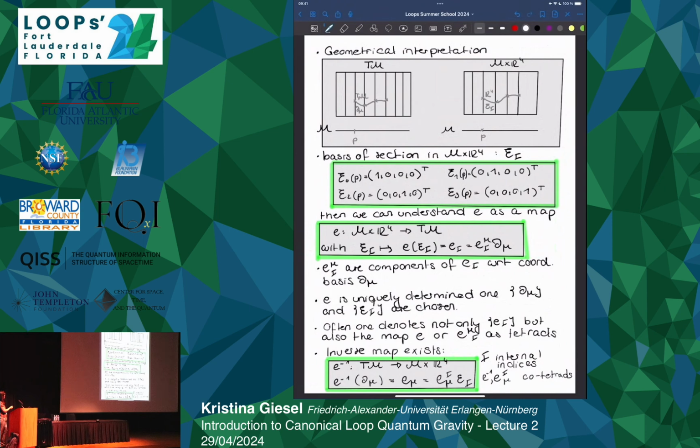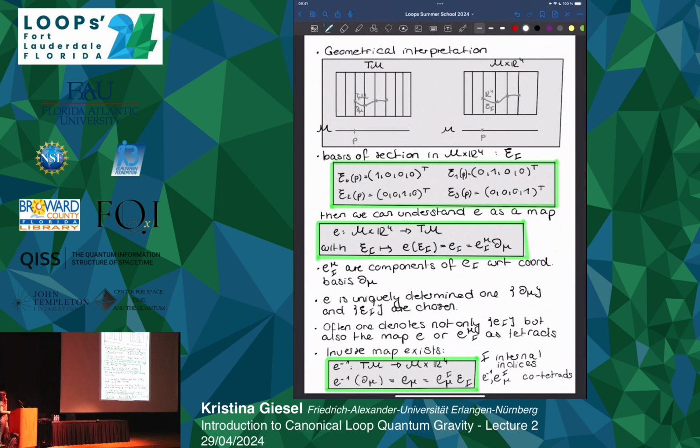Now, what does this mean geometrically? Suppose we have the tangent bundle here with fibers over M, and we take a point P here. Then we can consider a section here in the tangent bundle. And we can do the same for M cross R4. And then consider a basis of this section in M cross R4, which I denote by psi I, which is just a standard basis here in R4.